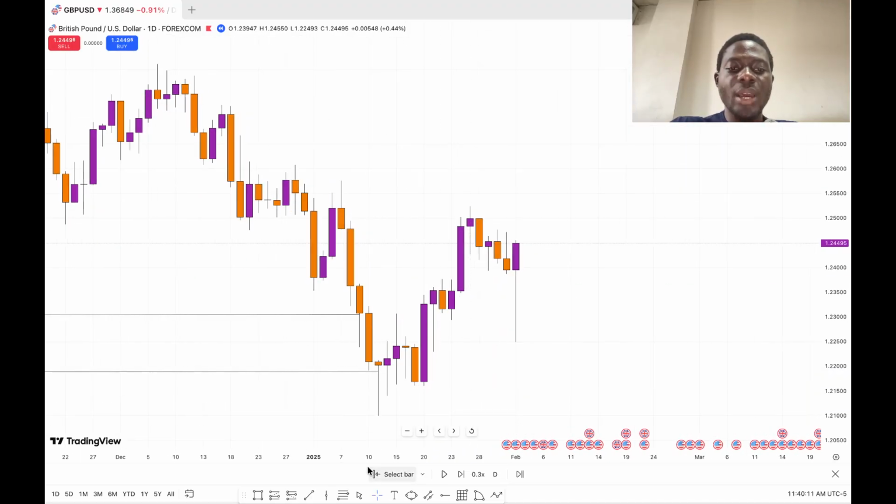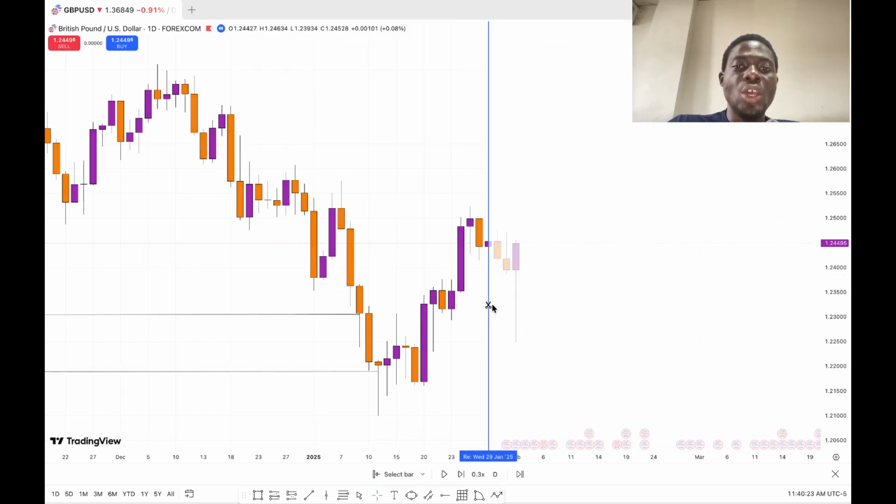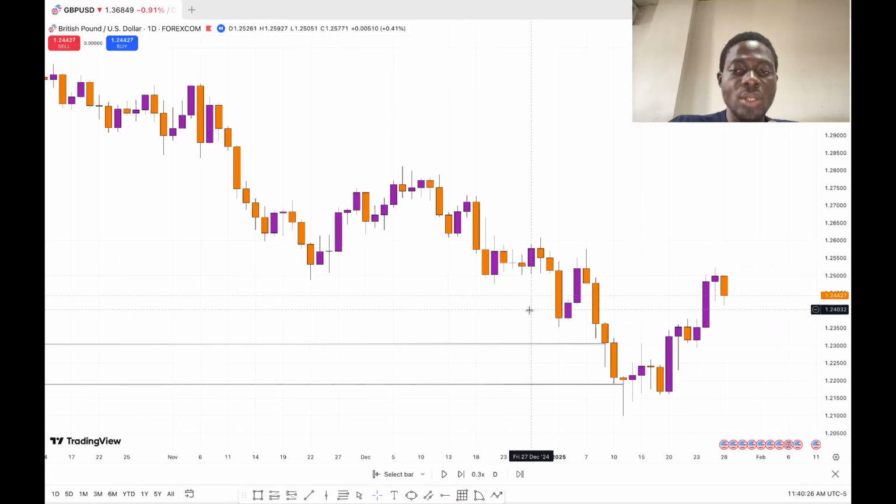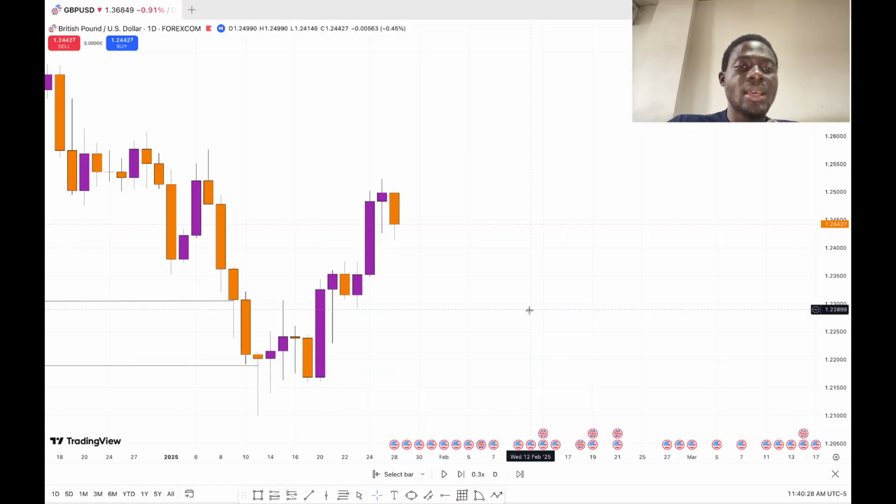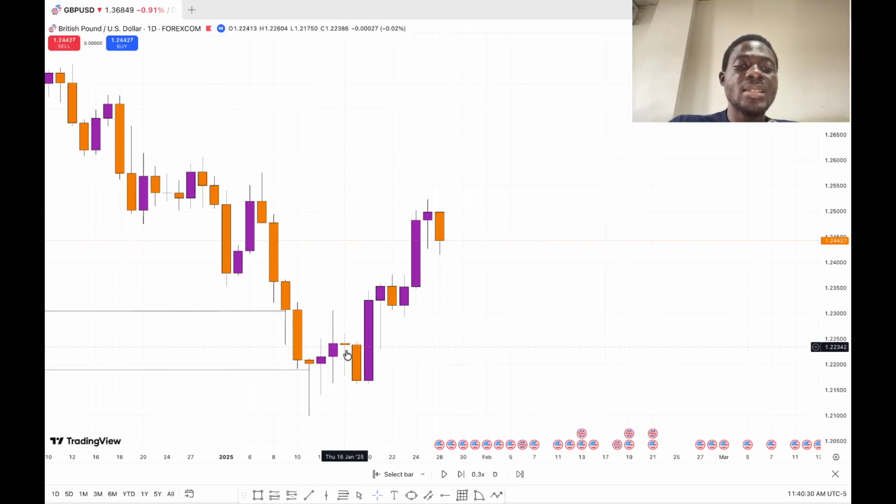Now we've seen price do what? Price go all the way here. It has gone all the way to the top, and it is still a bullish run. You can tell it is a bullish run because it is at this point that market makers push price all the way up.